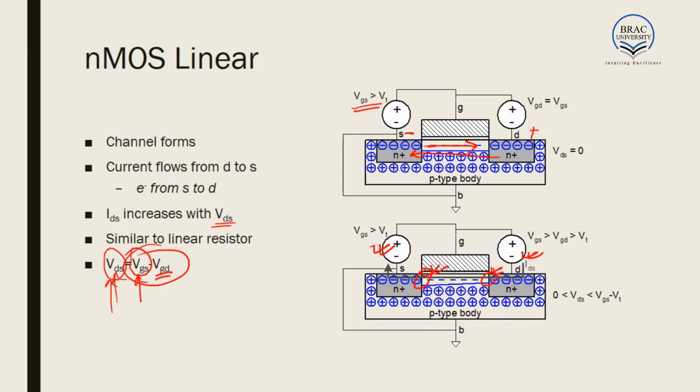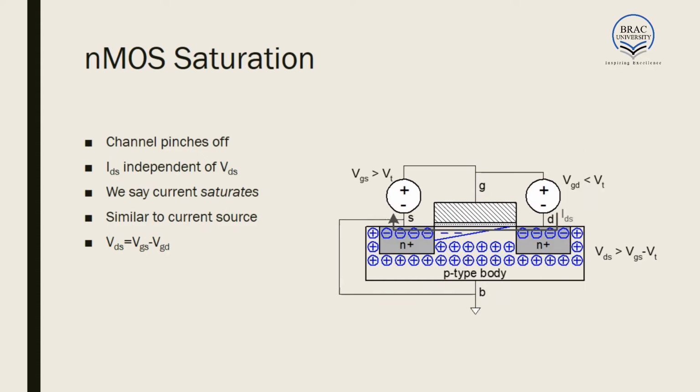And as we keep on increasing VDS, this region of the inversion layer will go thinner and thinner, because the voltage applied here, VGD, will keep on decreasing. Now this phenomenon of decreasing the voltage VGD brings about the saturation region.